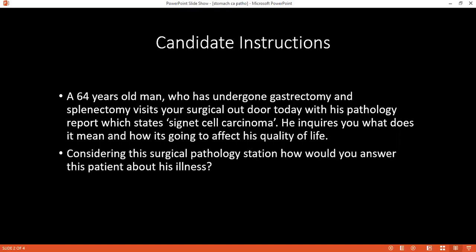Okay, can you define dysplasia? How would you differentiate dysplasia from metaplasia? Okay, in case of metaplasia, there is changing of the cell type from one cell type to another cell type.